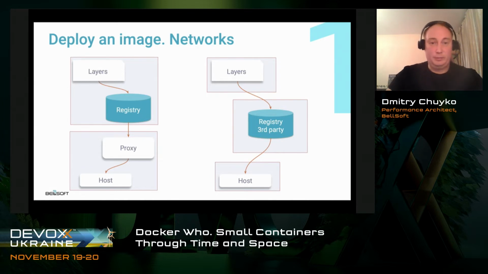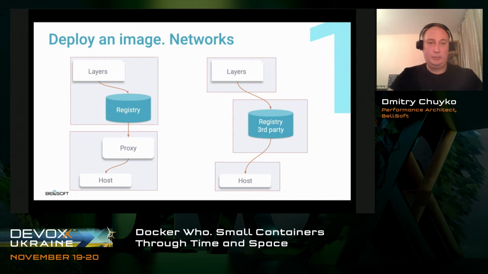And then our network where we develop some functionality, it is one network. Then there is a network isolated with some means, an environment where the registry lives. And then there is a production network where we consume the final image.